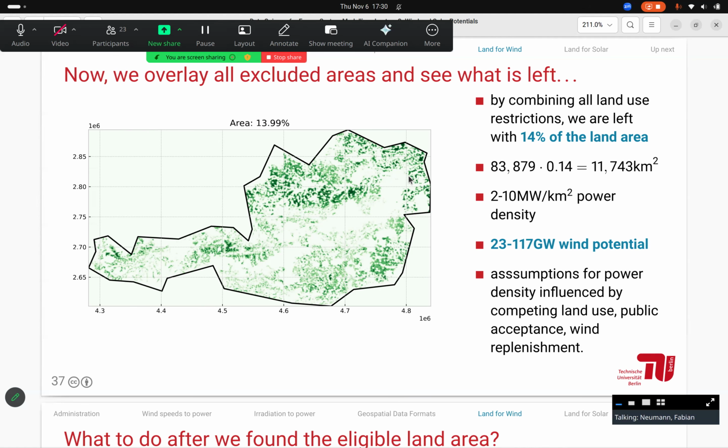This is just an example calculation, but we would maybe end up with something like 14% of the land area that in principle would be eligible.